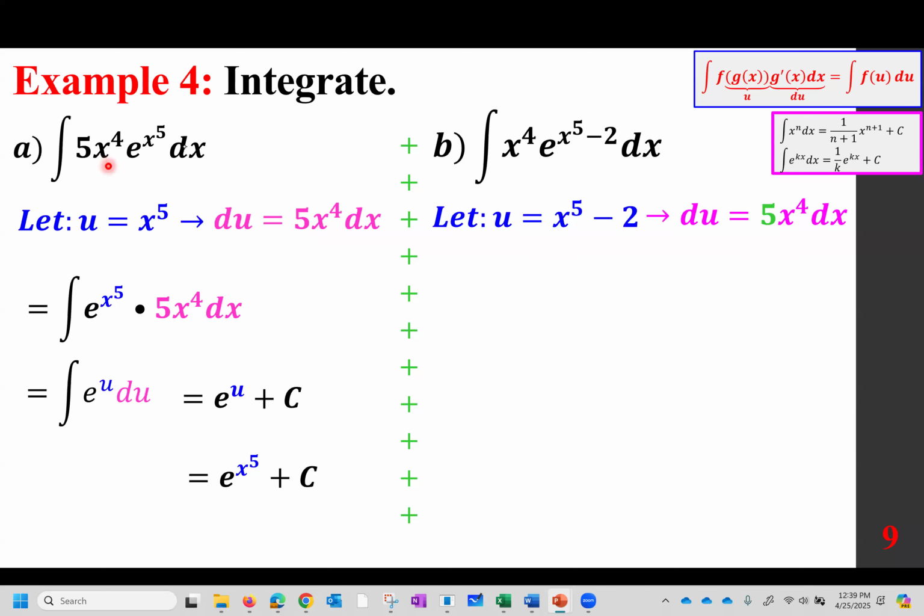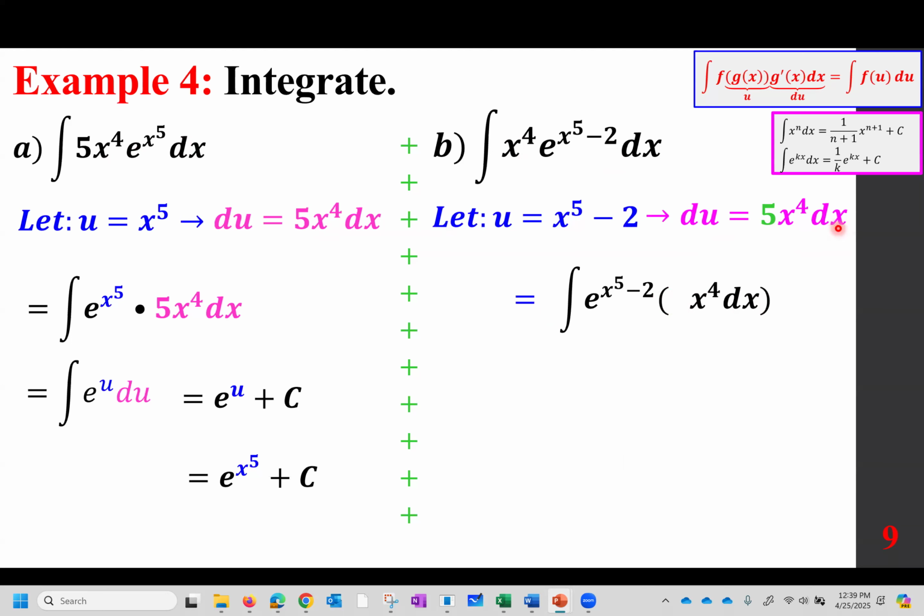So again, just like here, we are moving x to the power of 4 so it becomes clear what we have and what's missing. So over here, 5 is missing. And because it's a number, you can put the number in here and undo it with its reciprocal. You can't do it if it's a variable.